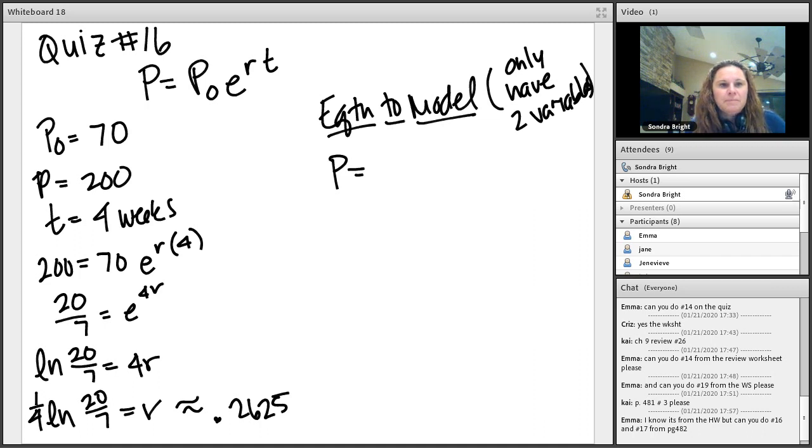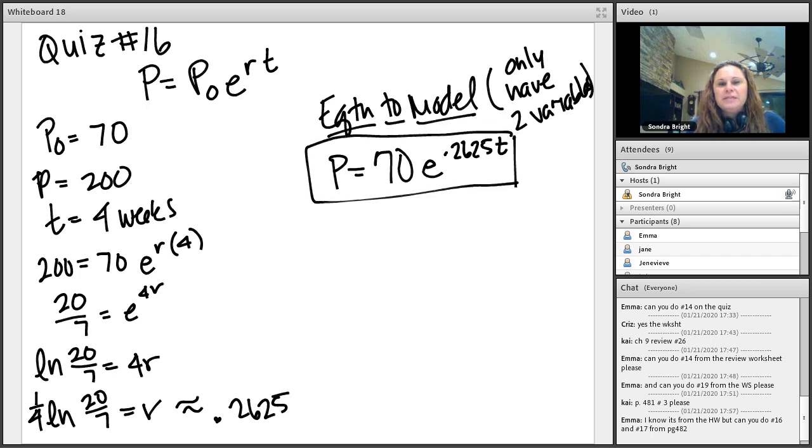I found my r. My p naught was 70, and it's e to the 0.2625 times t. Notice that t is a variable, p is a variable. Well, I used p, but it's not really population, is it? I can predict the speed, given a time.